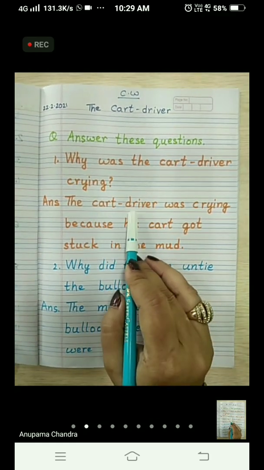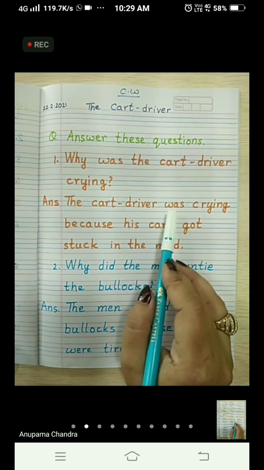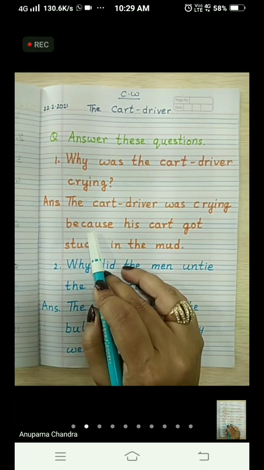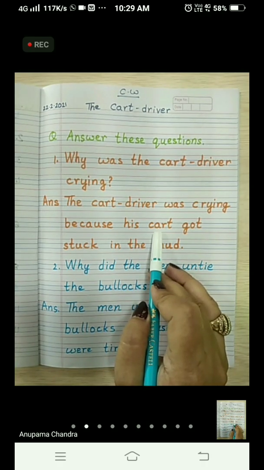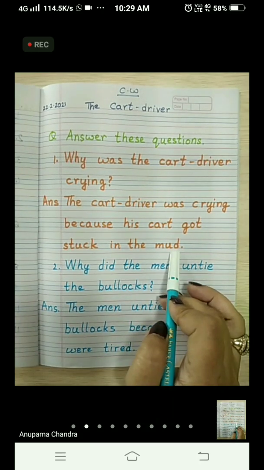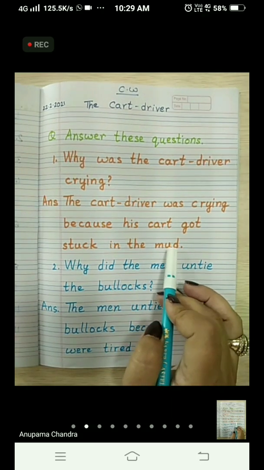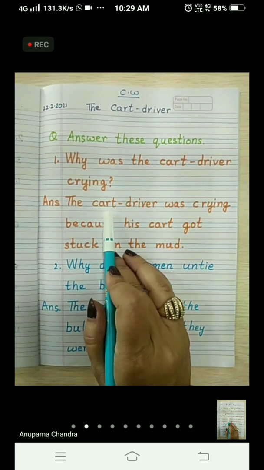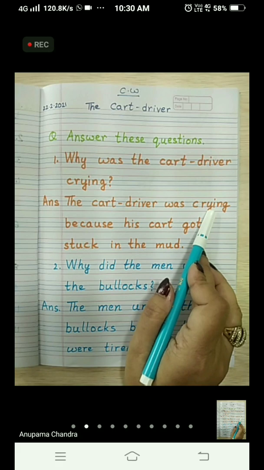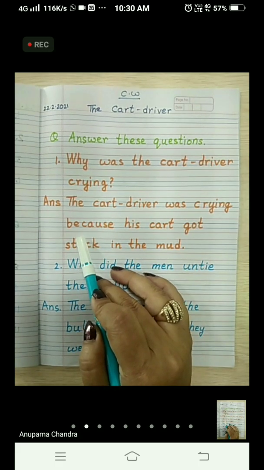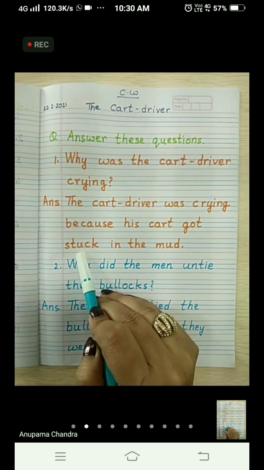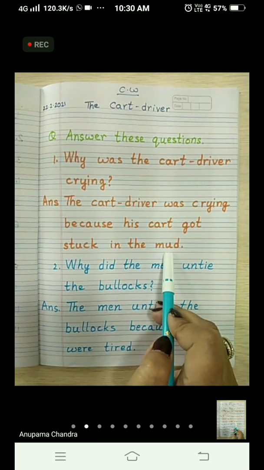The cart driver was crying because his cart got stuck in the mud. Once again, children, the cart driver was crying because his cart got stuck in the mud.